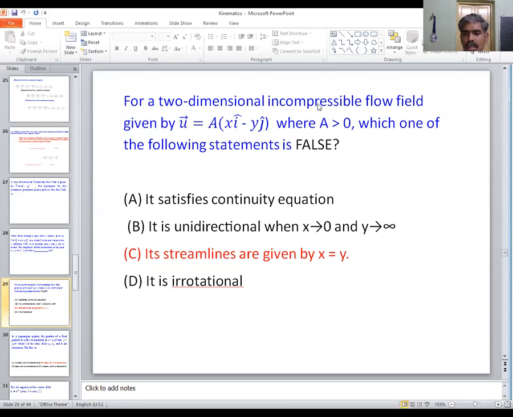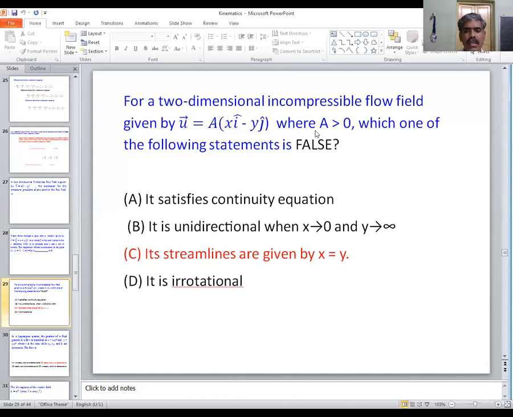For a two-dimensional incompressible flow field that is given by u vector equal to a into x i vector minus y j vector, where a is greater than 0, which one of the following statements is false? So I have to check each statement. It satisfies the continuity equation. Here the velocity vector is given, having an x velocity and a y velocity.